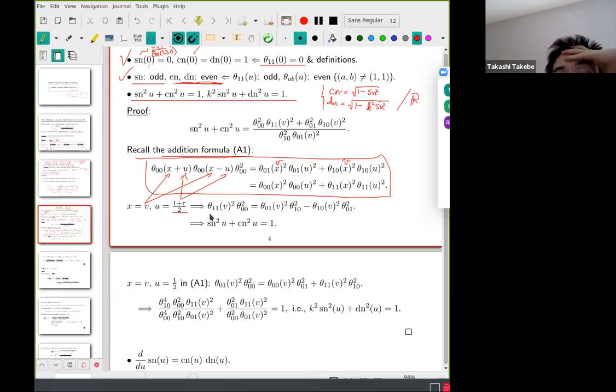So we have this equation, and from here, moving this term to the left, we have this, and this equals to this.